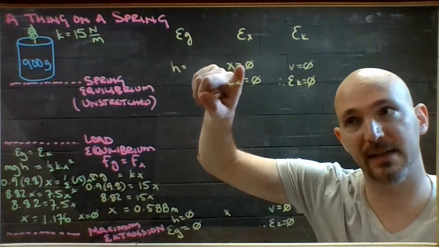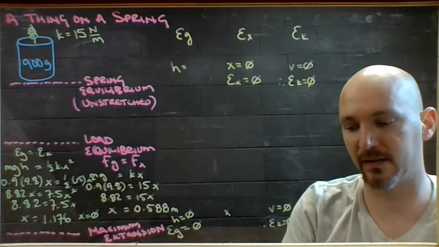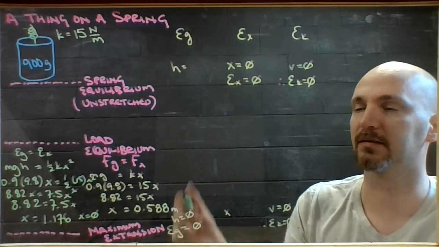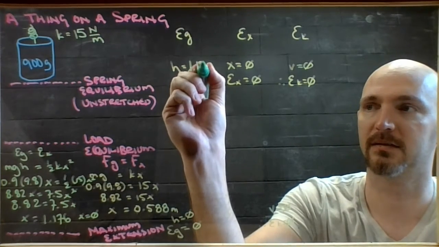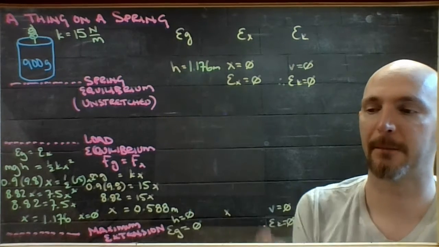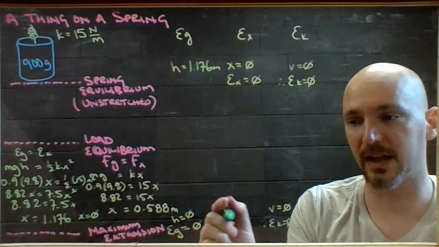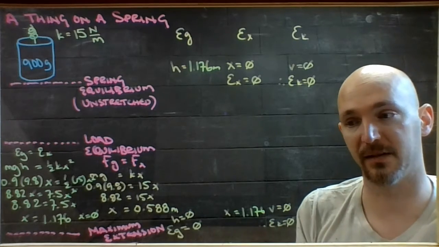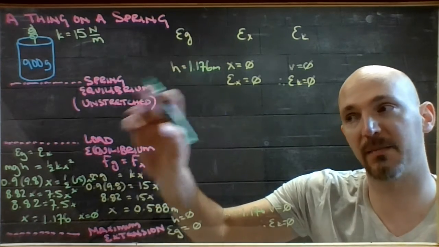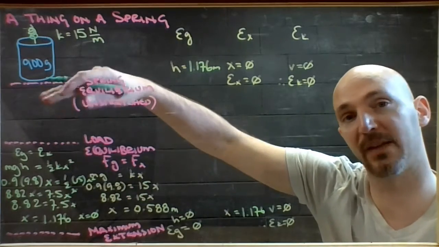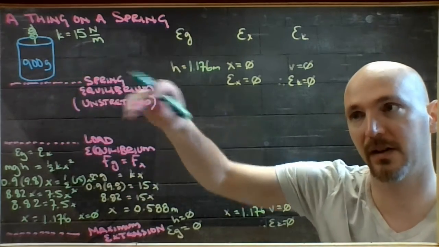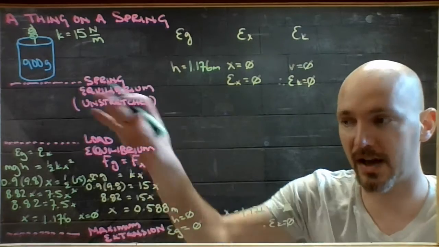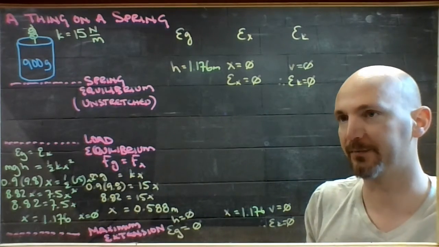So if x is 0, then the height must be this thing, 1.176 meters. Down here, if the x has to be 1.176, then the height has to be 0. So I can use this as the maximum height because it will rise 1.176 from the very bottom of its stretch. Or I can use this as the stretch if it's at that particular place.